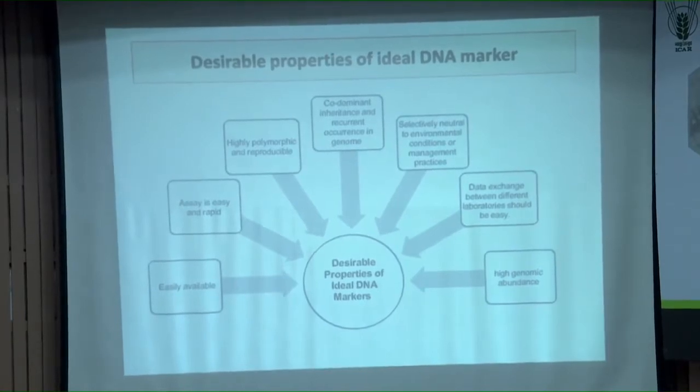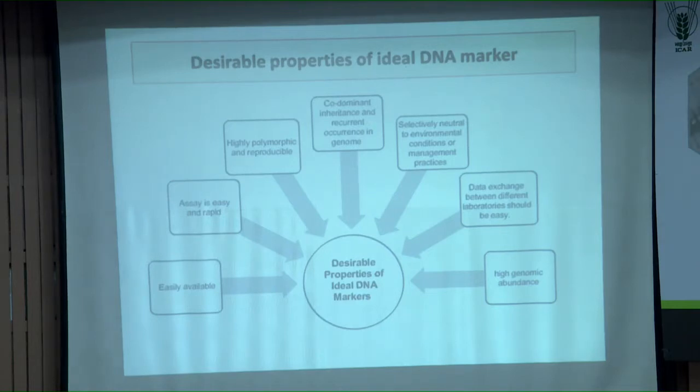So, it should be very rapid in diagnosis, and it should be highly polymorphic and reproducible also. You should get the same results wherever you apply it. Codominant inheritance and recurrent occurrence in the genome are also important, and it should be selectively neutral to environmental conditions and management practices.